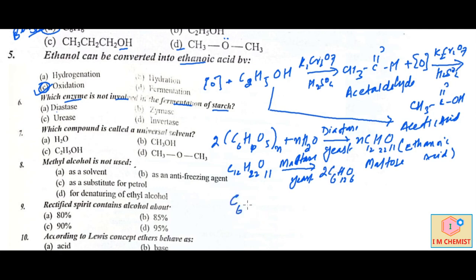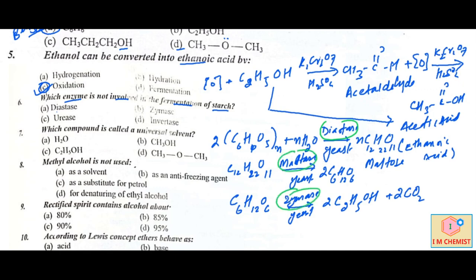Further, you have to treat this glucose, C6H12O6, with zymase enzyme in the presence of yeast. So finally it would be converted into our desired product, that is ethanol or ethyl alcohol, and carbon dioxide gas will be evolved. So hence, as you can see, diastase enzyme is involved, maltase is also involved, zymase is also involved. So the right option would be option number C. Urase enzyme is not involved in the fermentation of starch.